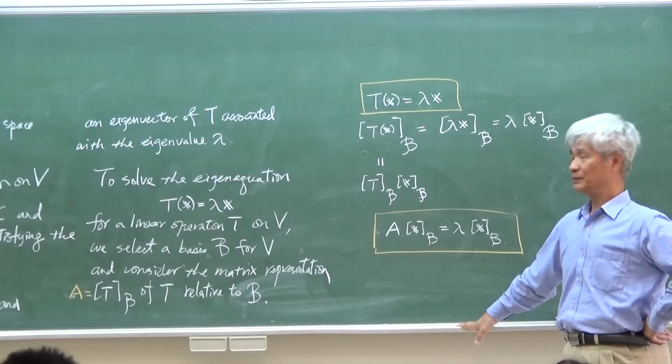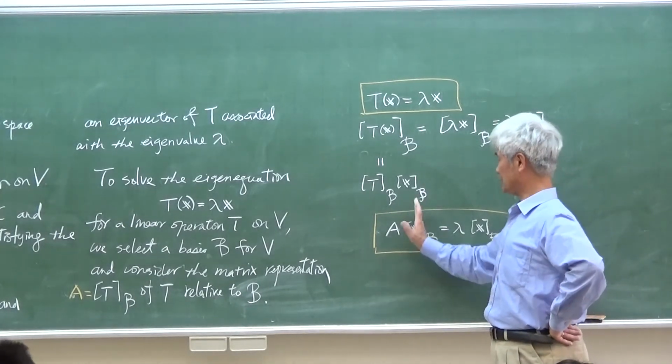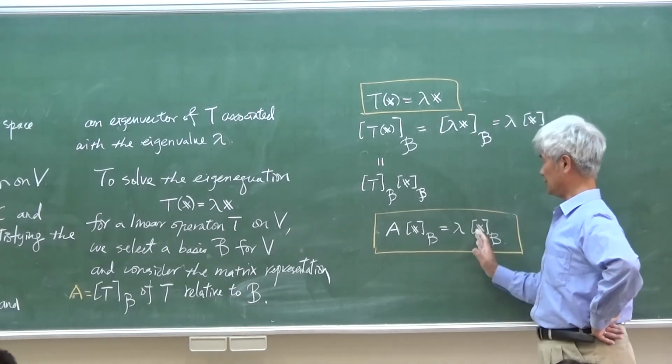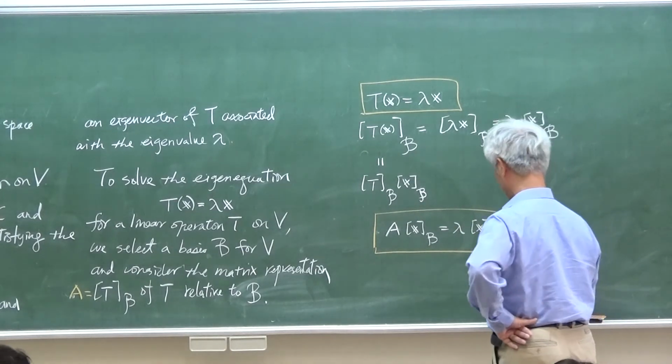Because it's a matrix, this is a column vector and a scalar times a column vector.